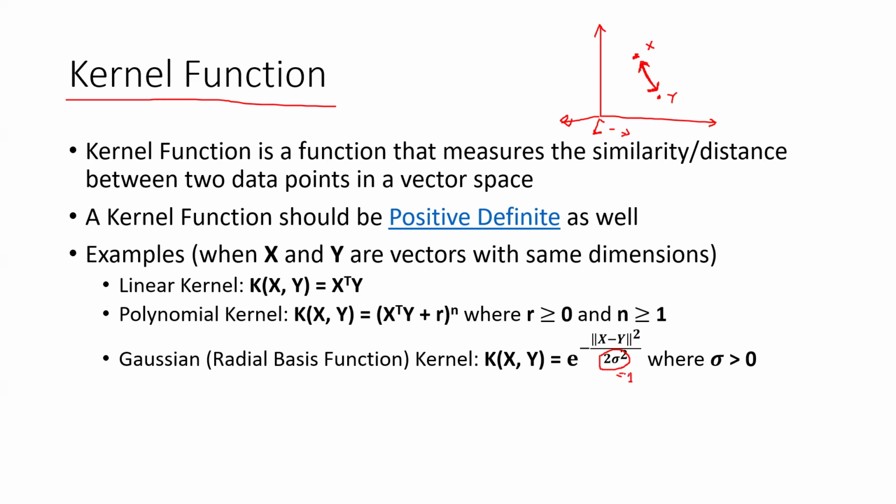But sometimes this sigma can have a different value, so that it can also be tuned. And sometimes this 2 sigma square is taken as a different value, which we will see later, as a gamma value, right?